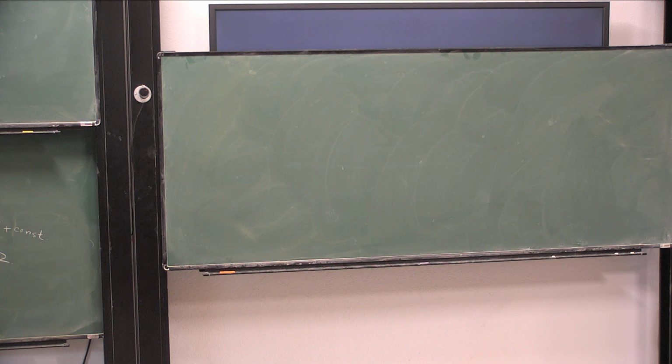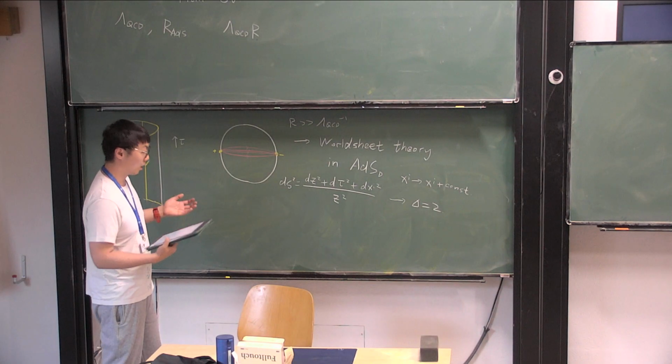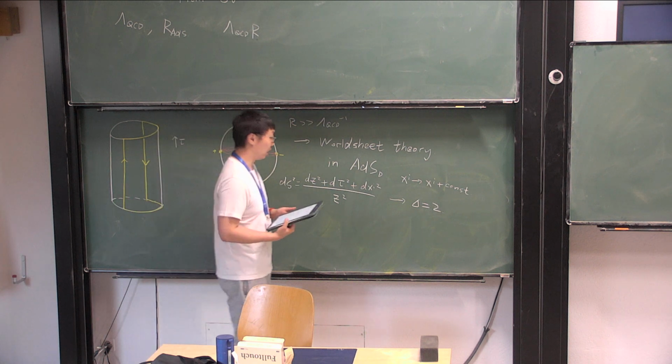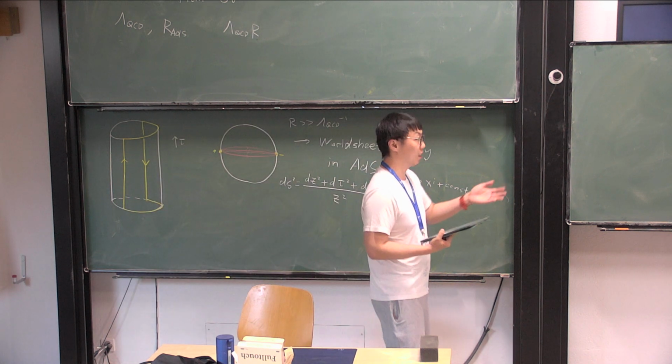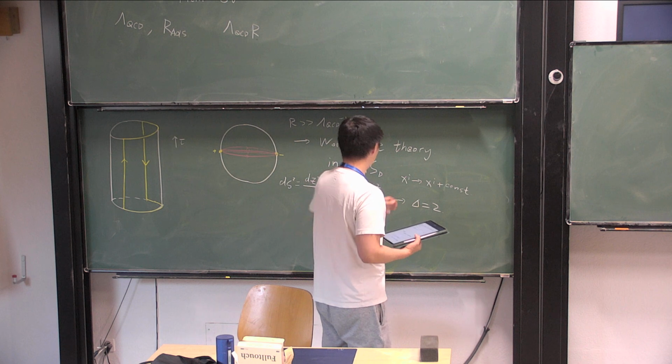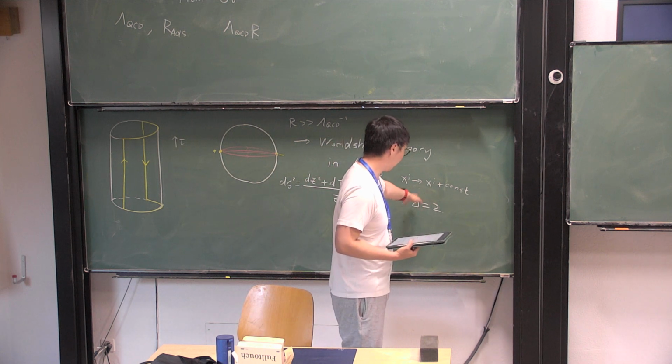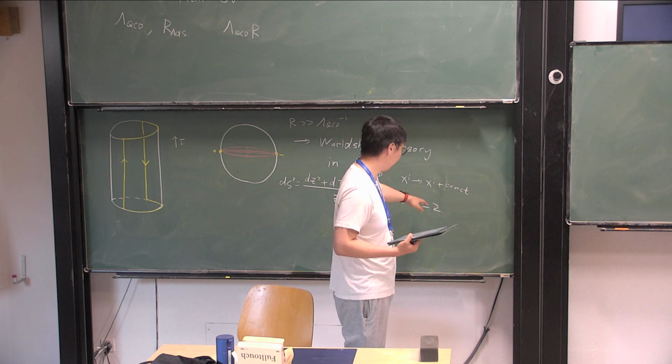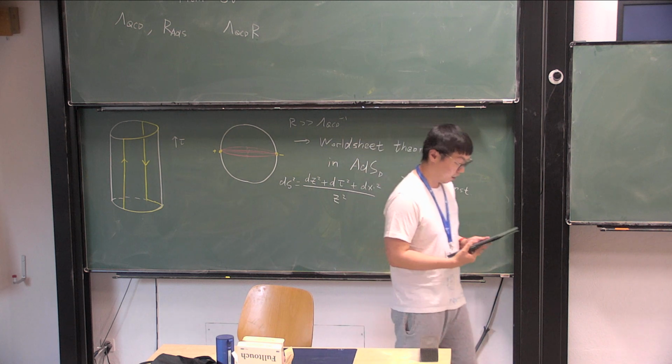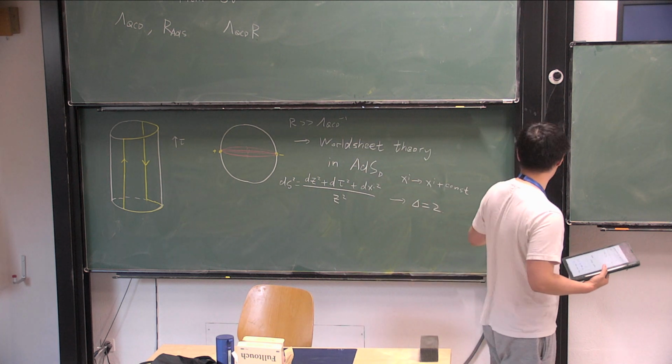So this is the AdS version of the Goldstone theorem, and later Barak will give some other argument saying there's some other mechanism to protect this dimension.